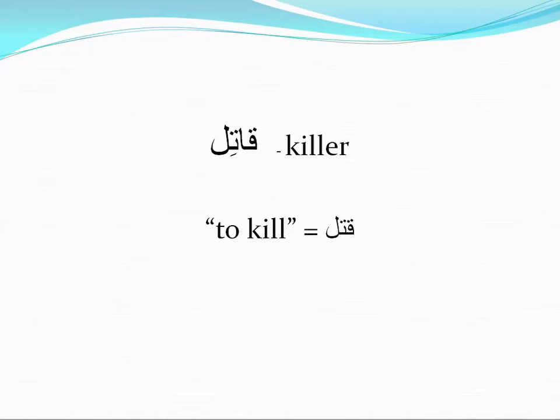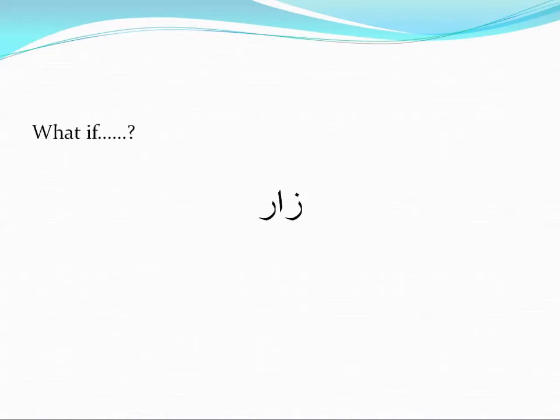We do have to throw a wrinkle in here just to keep you on your toes. What if we have a word like this? Zara. Now zara, as you know, is the verb to visit, and it has a long vowel in the middle. Unfortunately, there are a large number of Arabic verbs that have a long vowel in the middle of the root, and so you cannot just ignore them.